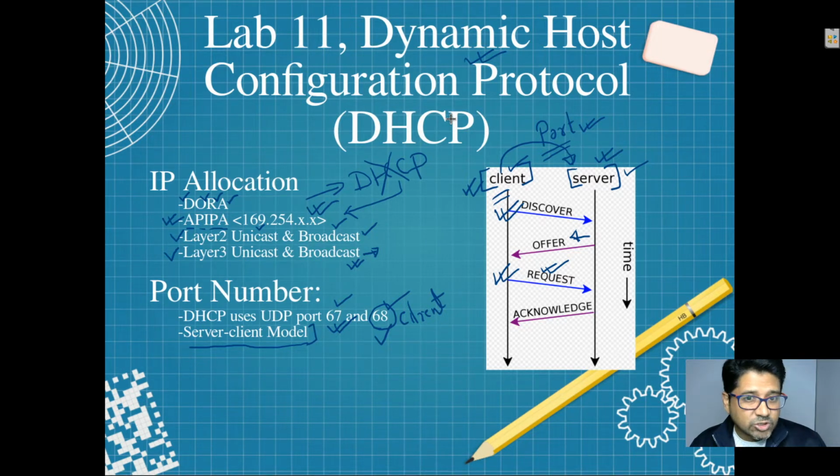Today we will concentrate on how the communication is triggered at the packet level, and what the UDP packets, port numbers 67 and 68, are and how they work. Clear, guys? Any question till here?